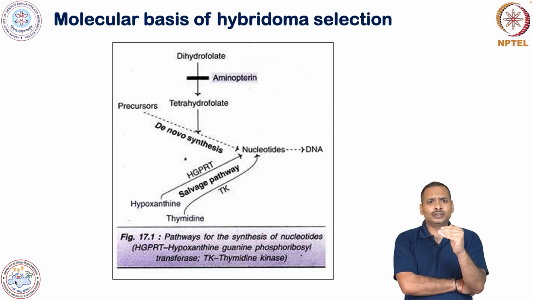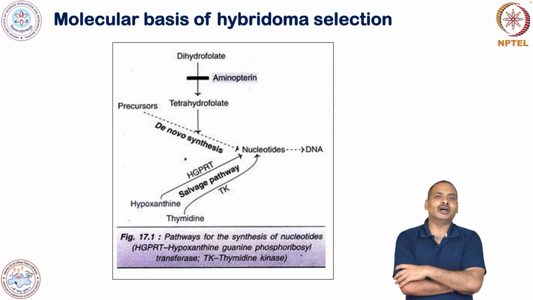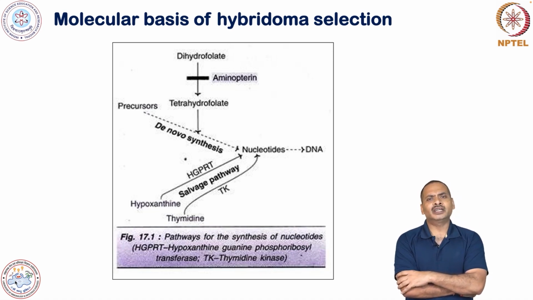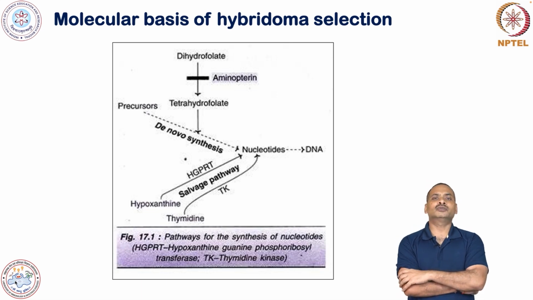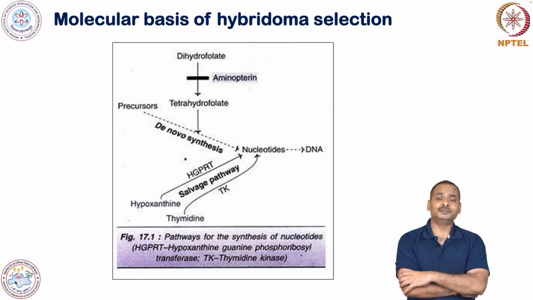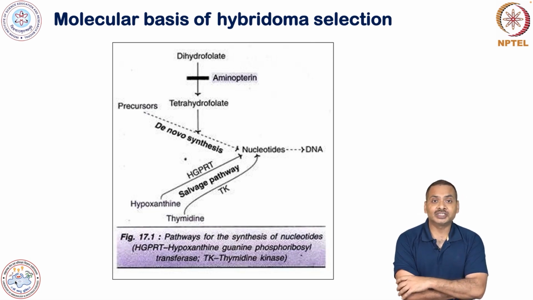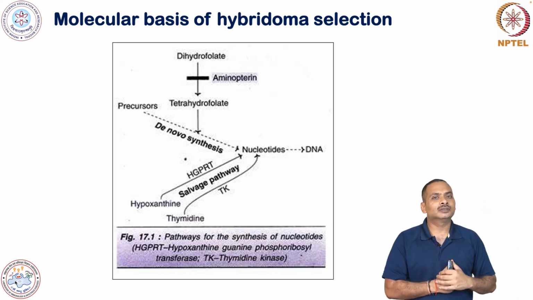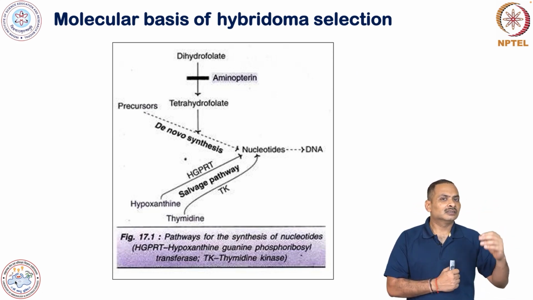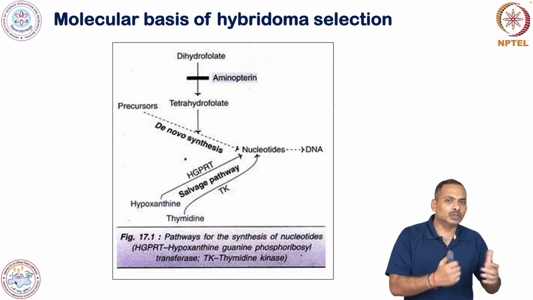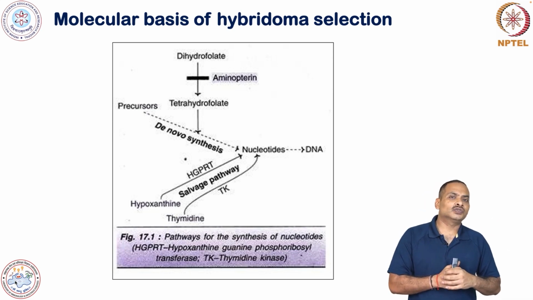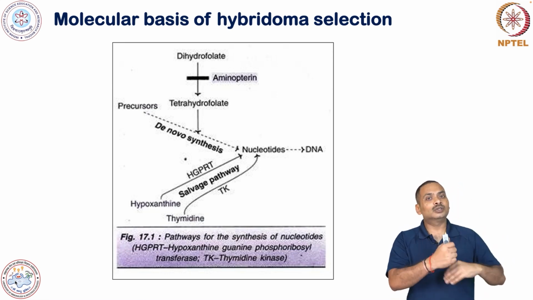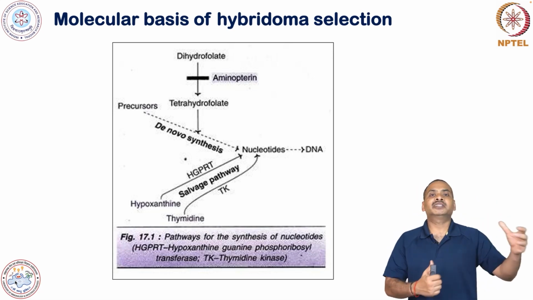I am just trying to refresh your biochemistry knowledge. So DNA synthesis in cells takes place by two major pathways. One pathway we call the de novo pathway, and another is the salvage pathway. So in the de novo pathway, all the basic units of DNA, that is the bases, the ribose sugar and inorganic phosphate, are synthesized, and then this makes nucleosides and nucleotides, and then these polymerize, and that makes a DNA molecule.